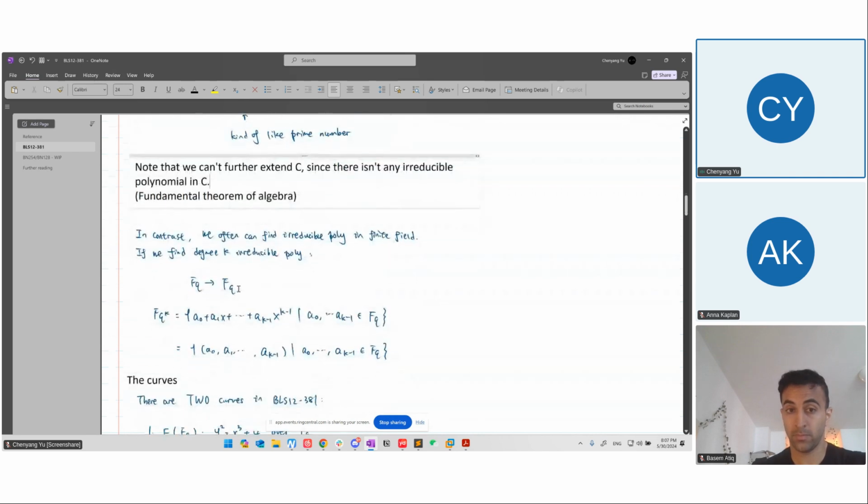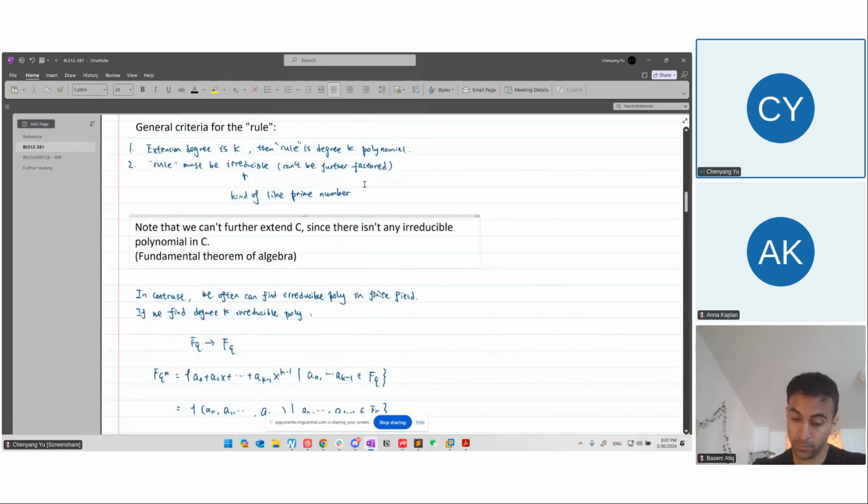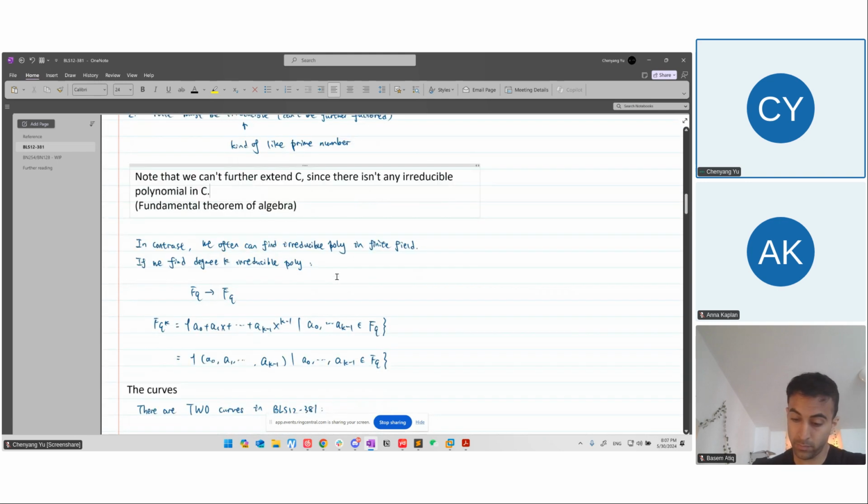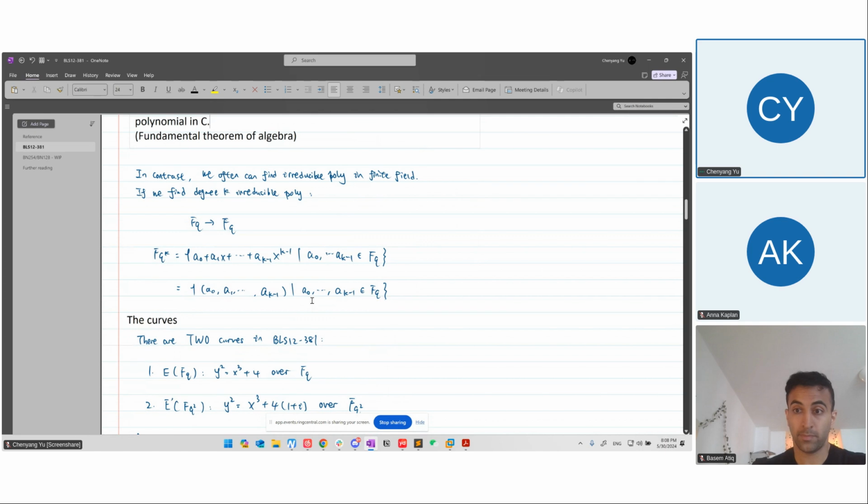Yeah, I'll fix it later. So in a general case, we can find an irreducible polynomial in a finite field and then extend that base field to FQK, right? So the form is this long polynomial. So the basic idea is the same as the C case, but this one is more general. And it is pretty hard to say which irreducible polynomial I can find, but yeah, I'm just saying it is possible to do that.